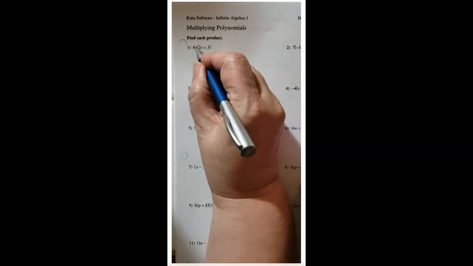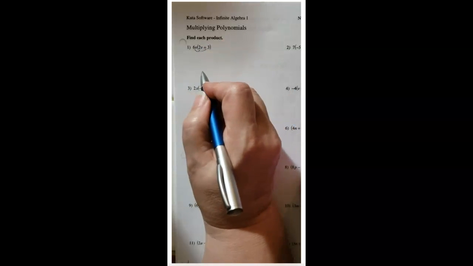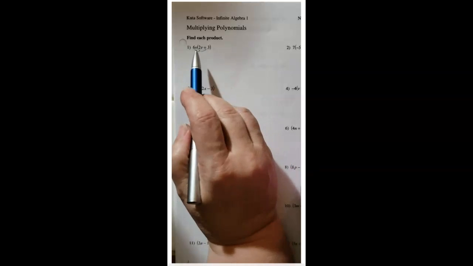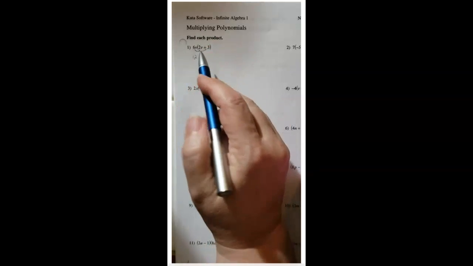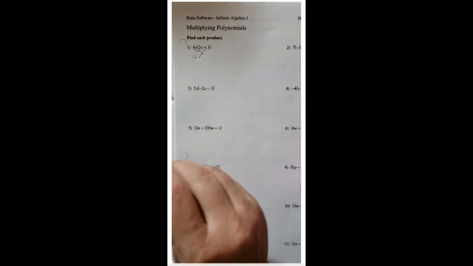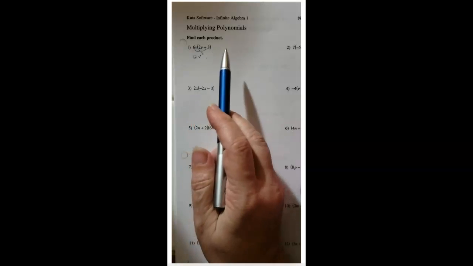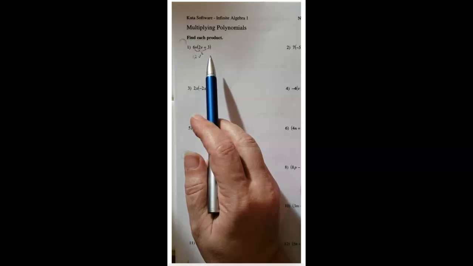So that means that you're going to use the 6v times 2v, and then you're going to use the 6v times 3. So 6v times 2v, 6 times 2 is 12. And remember that v times v is v squared. So unlike when we were adding and subtracting polynomials, I said if you're combining like terms, you don't change the exponents.